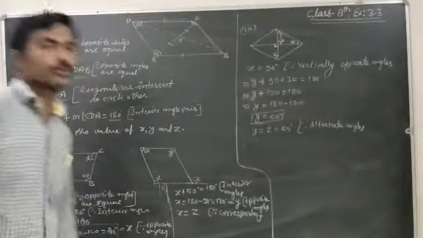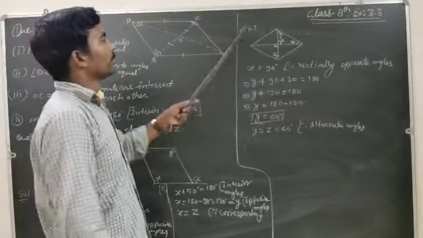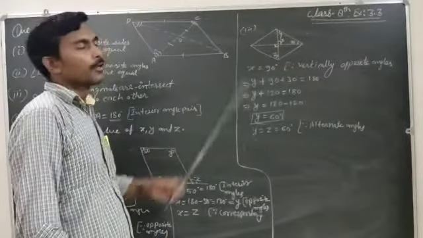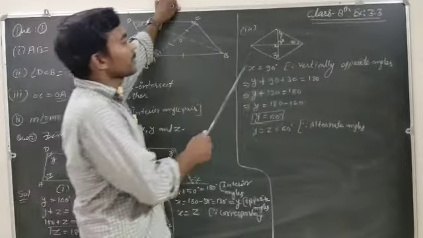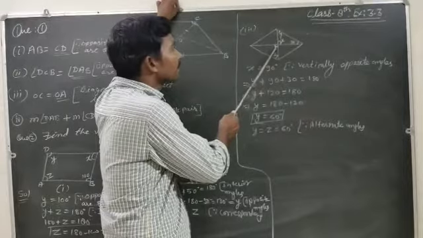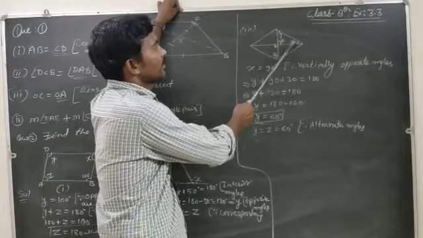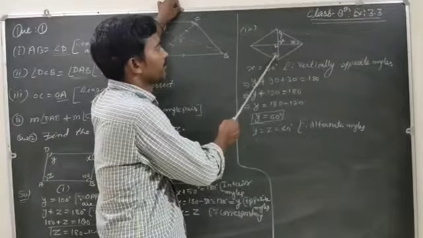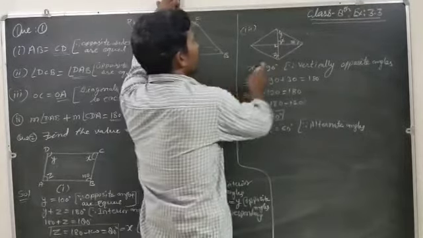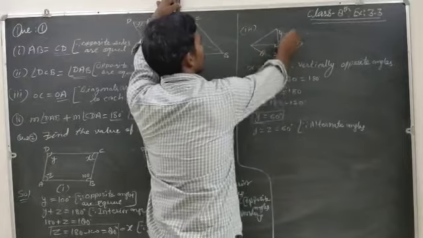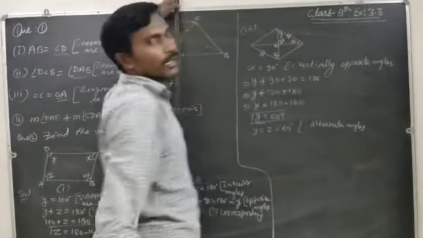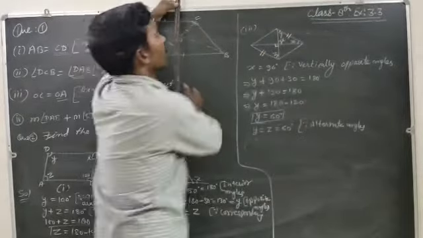Now comes question number third. This is a parallelogram, but given in the figure, this angle is 90 degrees and this is x, this 30, this y, and this z. In a parallelogram, all opposite sides are parallel and equal.